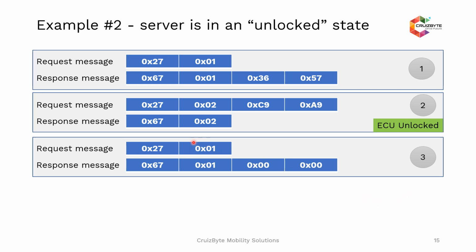If, for example, the ECU is unlocked and you try to send a request at a level other than 01, such as 03 or 05, then you will have a negative response. It won't allow you to go to the next level, or it will give the next level of seed for unlocking the ECU for the 03 level of security access and so on.